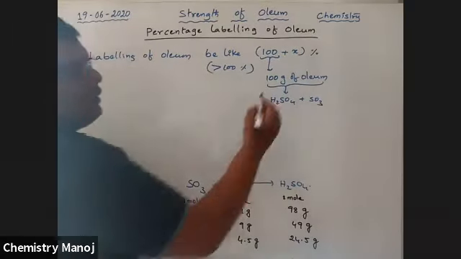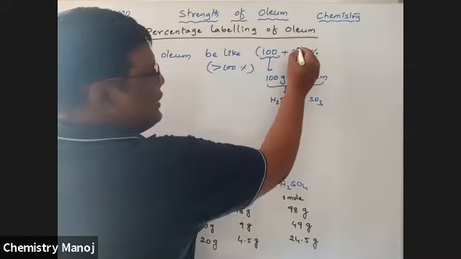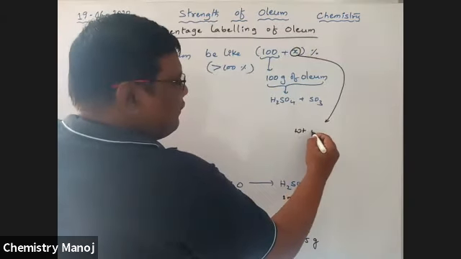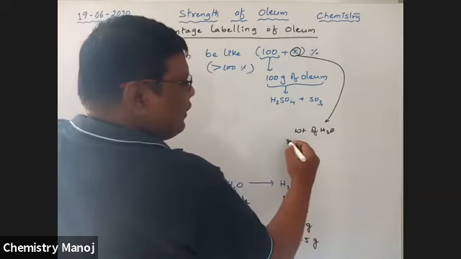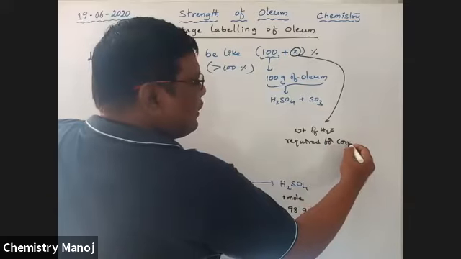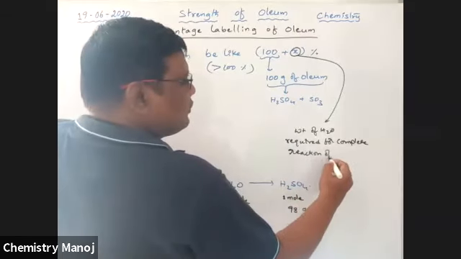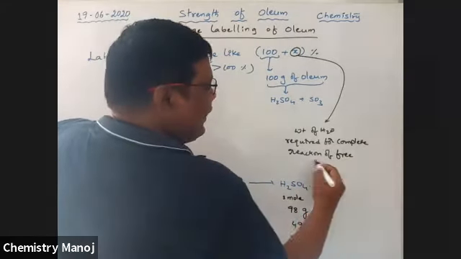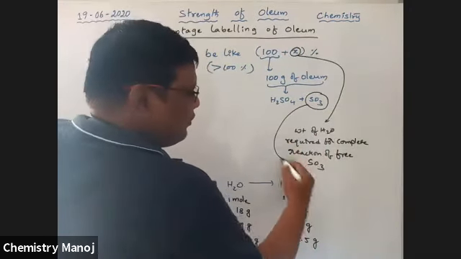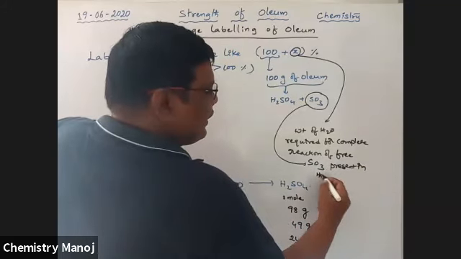This X is nothing but the weight of water required for complete reaction of the free SO3 present in the given sample.